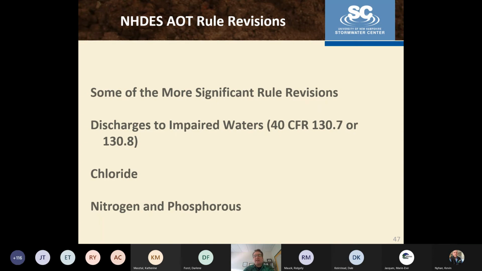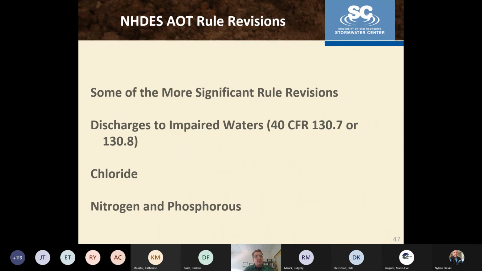Chloride, we don't have much for you in the structural control measure category. Once chloride is dissolved, it's very, very conservative, very hard to take out. So source control is really the biggest winner here.